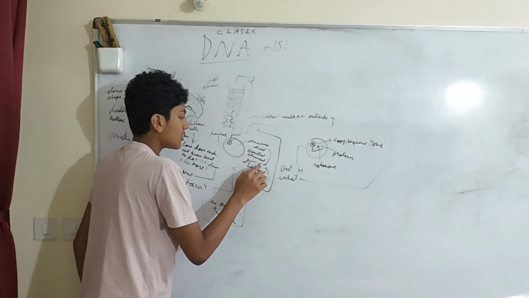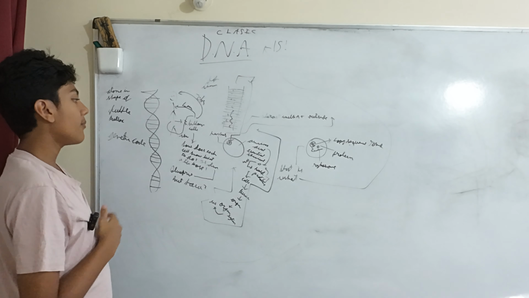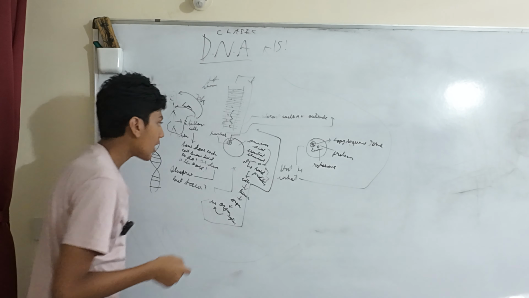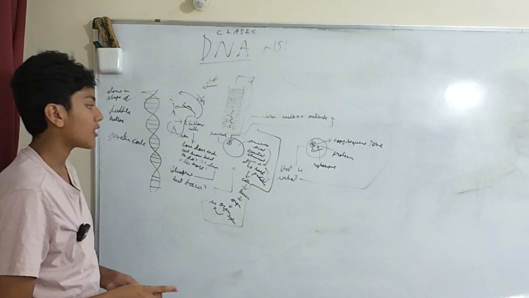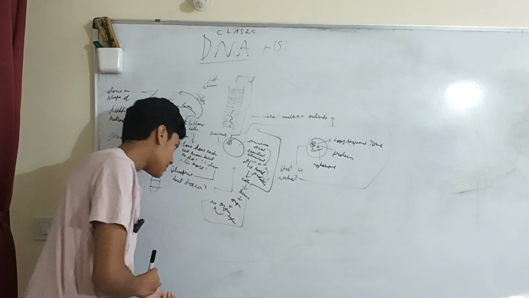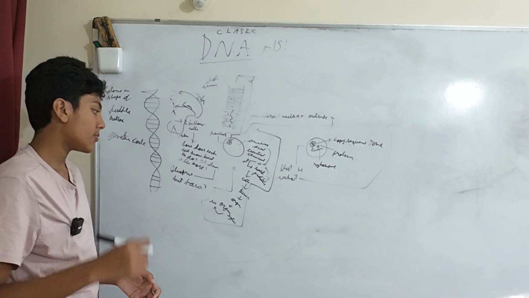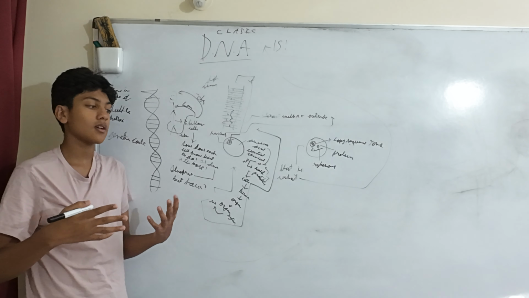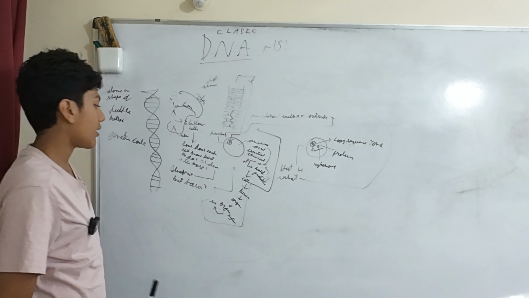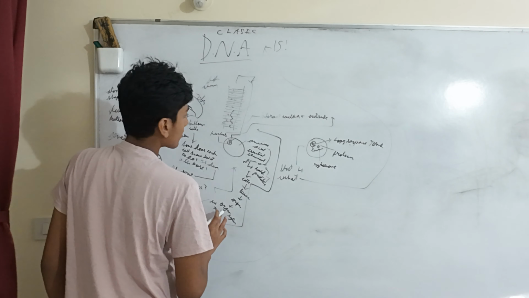The DNA tells our body to use these amino acids to build proteins, and proteins can be used to make cells. Cells make up tissues, tissues make up organs, organs make up organ systems, and organ systems make us. So that's how everything works.